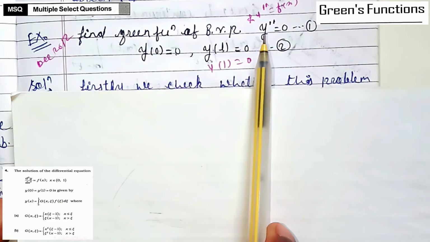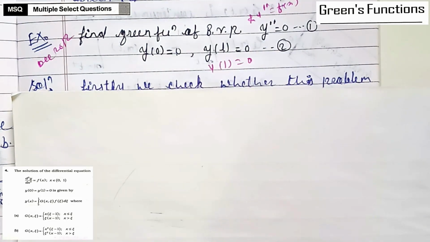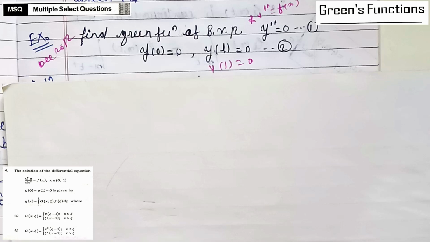Try to remember: for finding the Green's function from a boundary value problem, what we do first is convert our boundary value problem into a Fredholm integral equation of second order, and with the help of the Green's function we solve this differential equation. First of all, we need to check whether the Green's function exists and is unique or not.